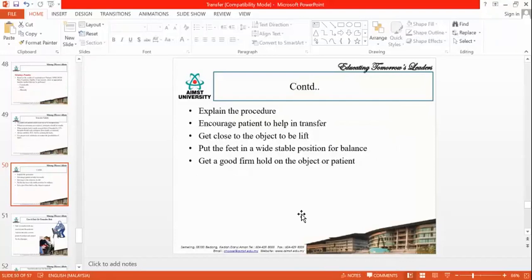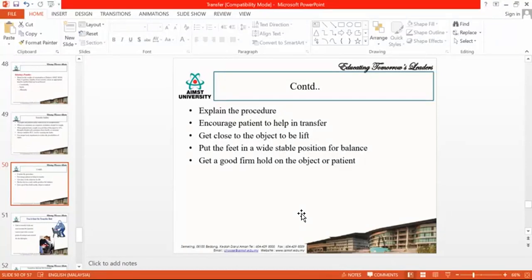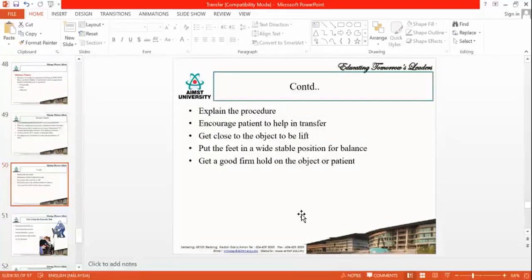At the count of three, you lift the patient. At the count of two, you keep the patient in this position, like that. The leader has to explain the whole procedure to the other people. They should not merely think that he is also a therapist, so he will know how to lift the patient. It's not like that.